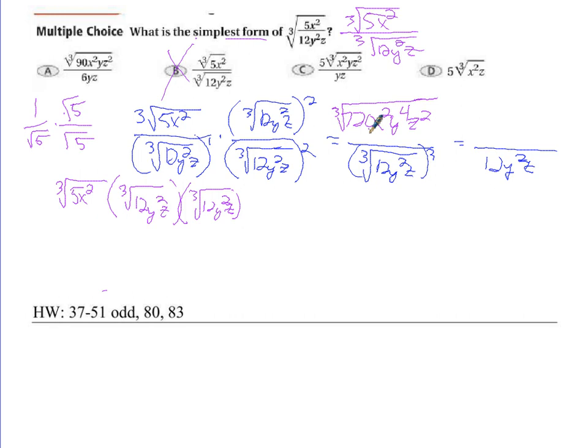So perfect cubes, we're talking about 1, 8, 27, 64, 125. 216 is another one. Does that one go into 720? How about 125? What about 64 or 27? 125 doesn't work.